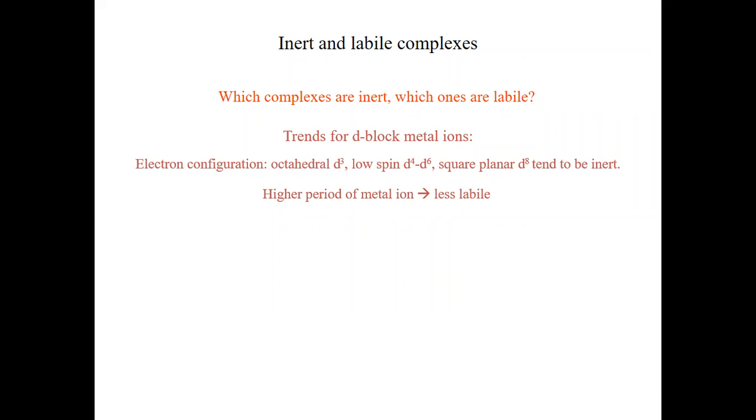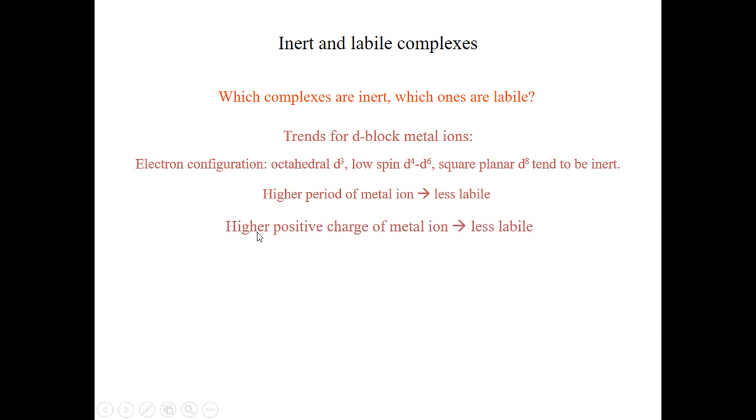So when the energy difference between the orbitals becomes smaller, with a greater probability a ligand orbital has a similar energy to that metal orbital, and that leads to a more covalent bond, and that more covalent bond tends to be less labile.